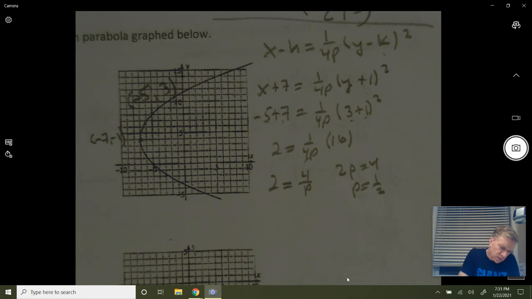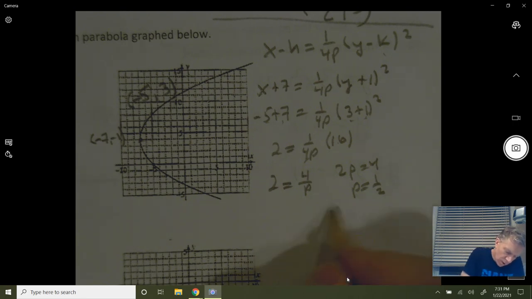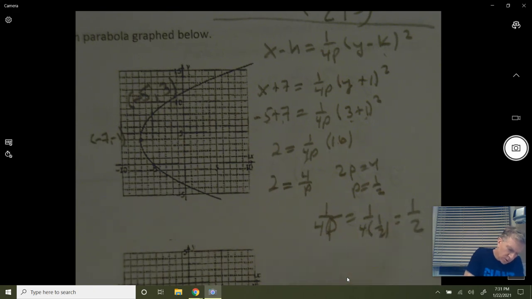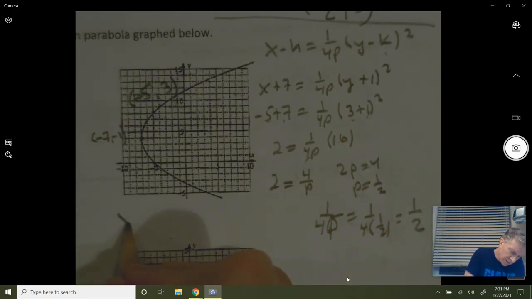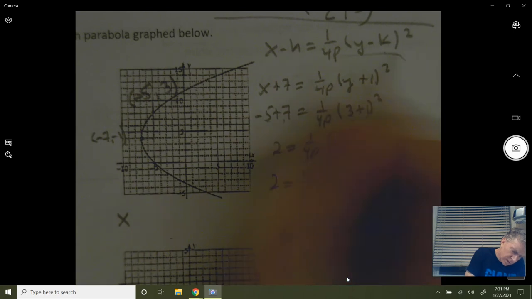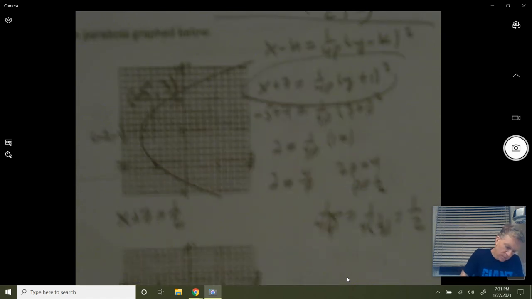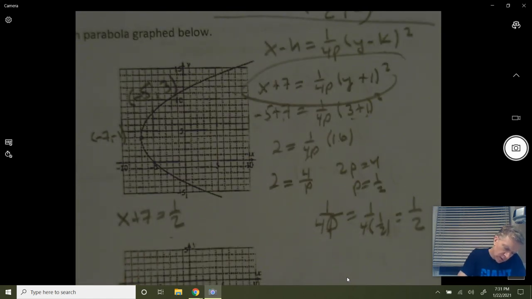Very nice. So when we plug that in, 1 over 4p is equal to 1 over 4 times 1/2, which gives you 1 over 2. So you're going to get x plus 7 equals 1 over 2, not 2. Let's do this again.